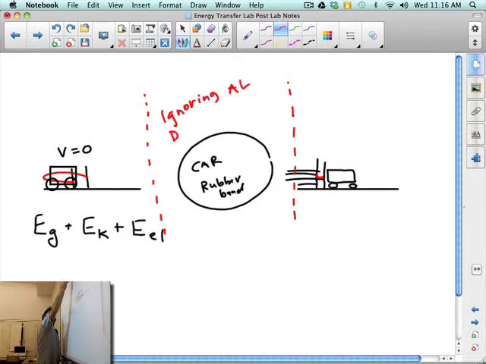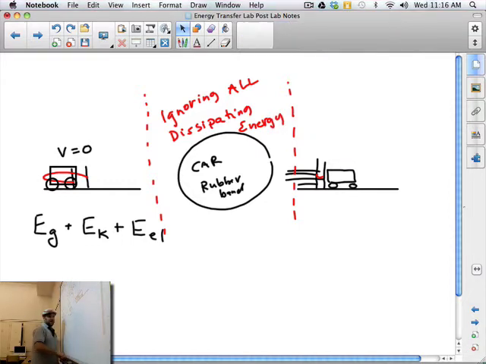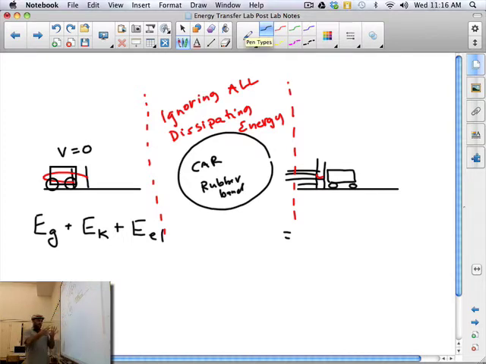So we're ignoring all dissipating energy. If this assumption is true, then whatever energy we have at this moment in time in the beginning has to equal what? So this number, whatever energy we got in the beginning, there's no EK, no EG.